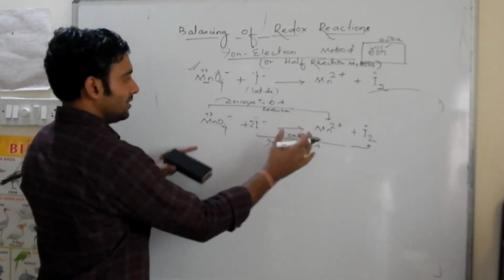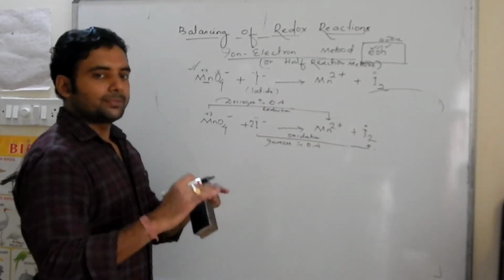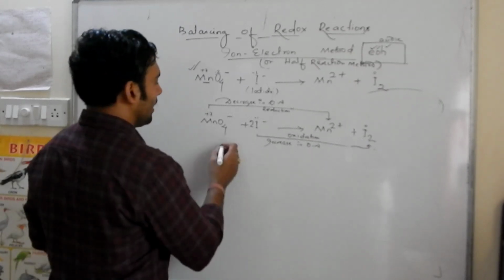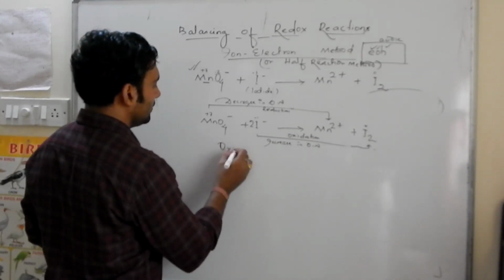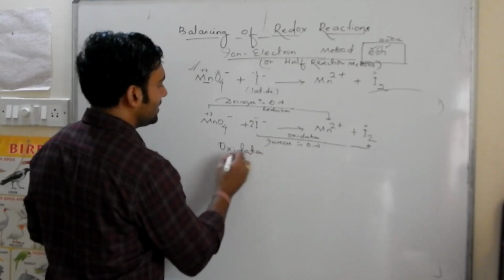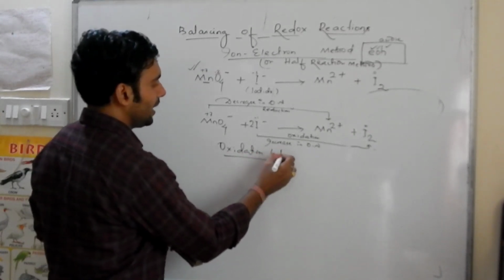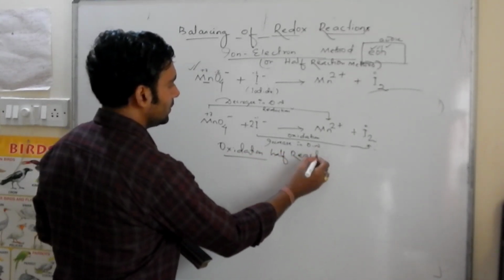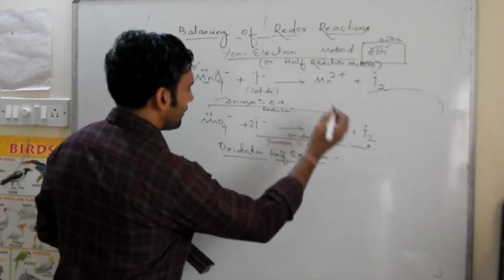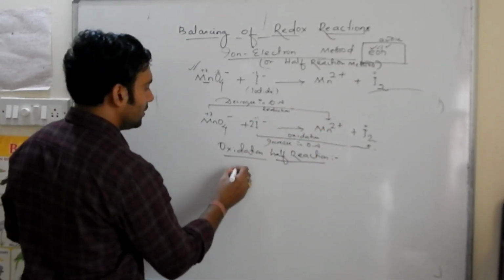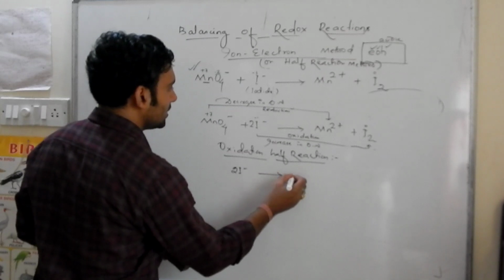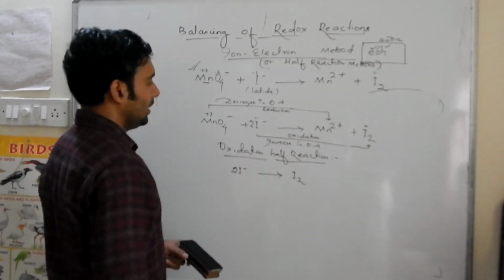So clearly the overall redox reaction can be split into two half reactions. One is the oxidation half reaction, and we will balance them individually. Your oxidation half is 2I- changes to I2.